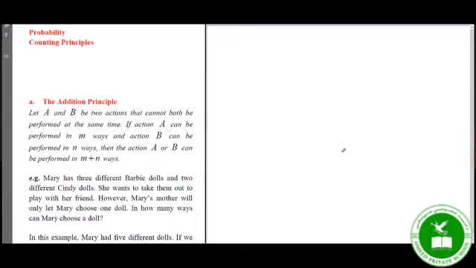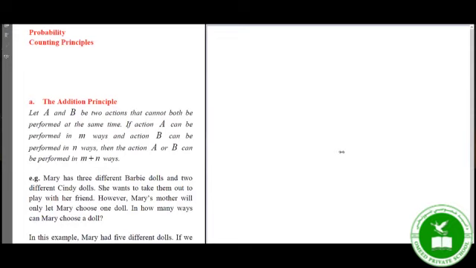Or if I ask you how many different 3-letter words we can make from A, B, C, 3 different letters, in this case you should use a different method to count how many different 3-letter words we can make from letters A, B, C. These are counting principles that we use in our daily life.